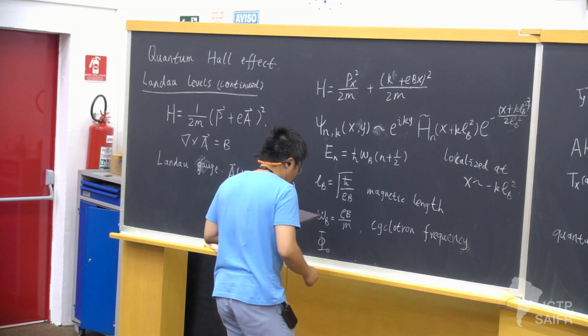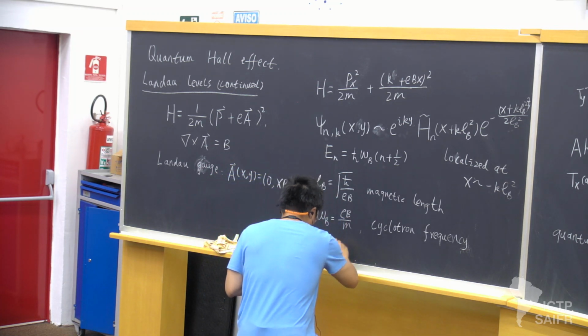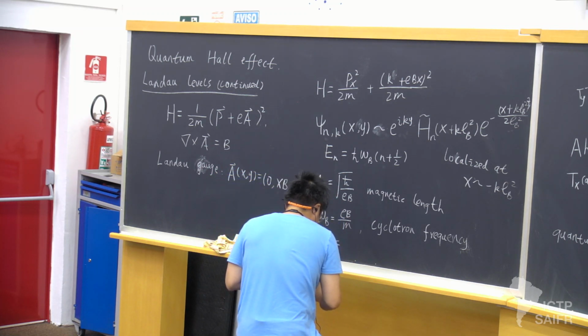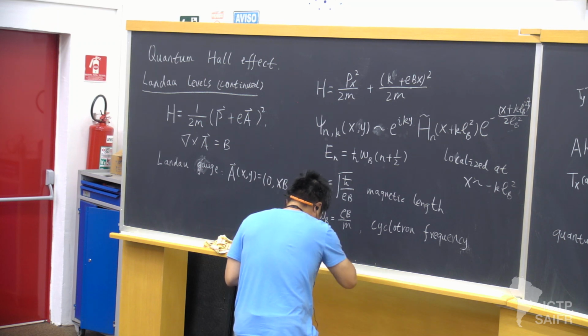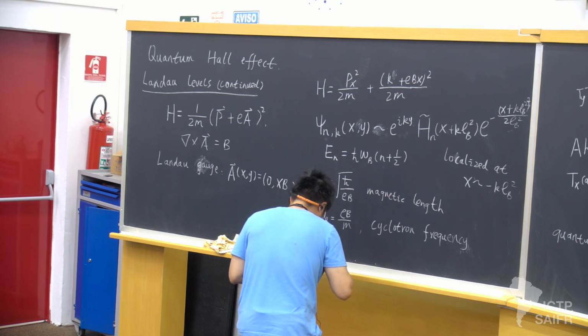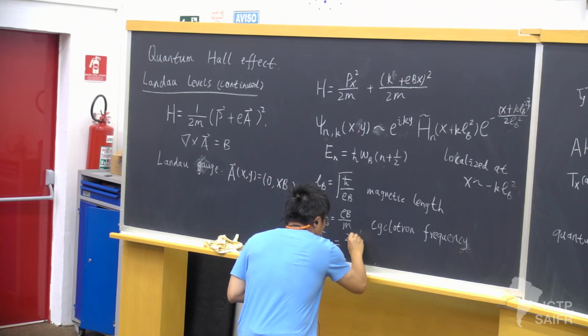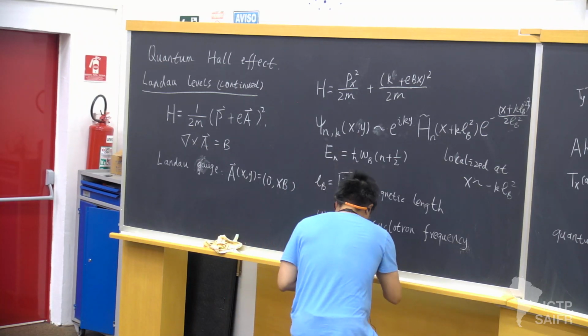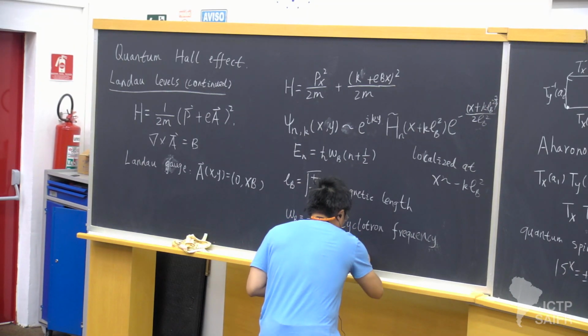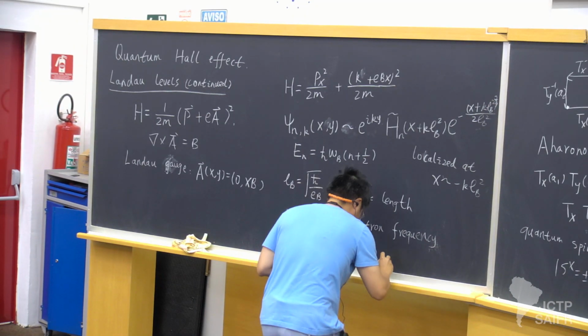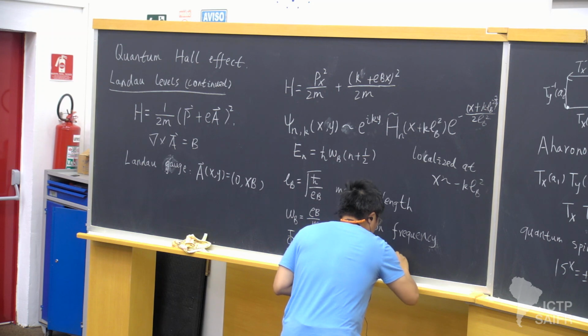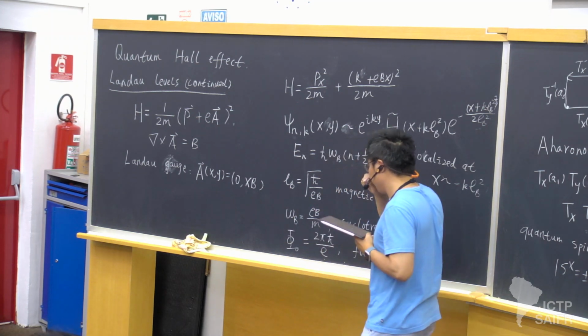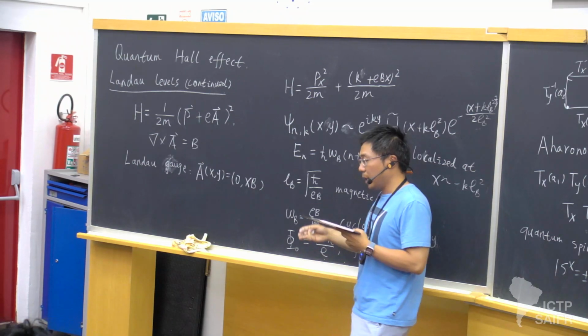That is denoted as phi_0, the so-called flux quantum. So how should I write it? It's 2 pi times h bar over e, right? It's the minimal unit for the magnetic flux you can have, right?